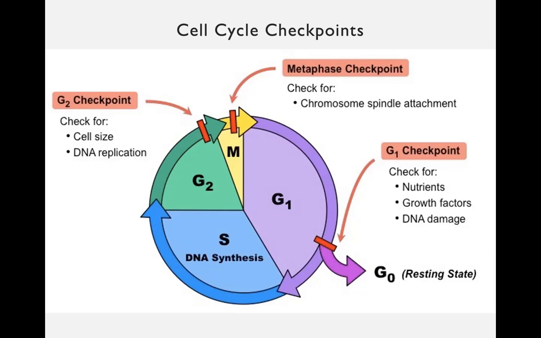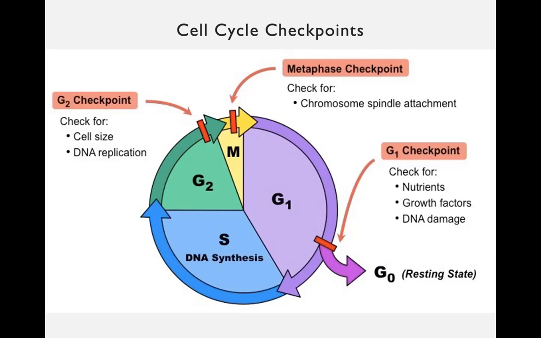The G1 checkpoint happens in the G1 phase of interphase. There are two checkpoints in interphase, the G1 and the G2, and then there's a checkpoint during mitosis as well. These checkpoints are checking for different things at different times.